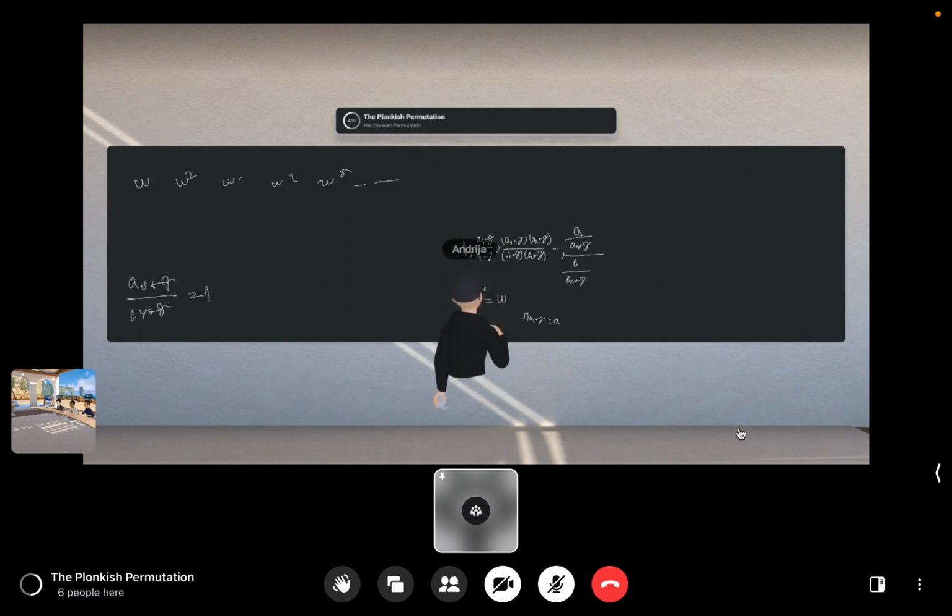And now let's go back to the recursive thing we wrote and make it work with polynomials.